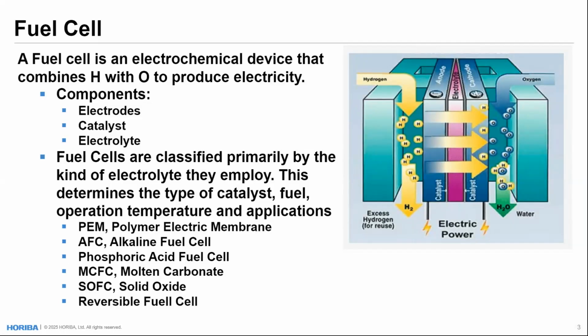A fuel cell is literally a small power plant which uses hydrogen as clean fuel to produce electricity. The byproduct here is water. The structure of a fuel cell is complicated, but here we simply focus on three components: electrodes, which are responsible for transferring electrons; catalyst, which is responsible for generating hydrogen ions or the oxidation reaction; and electrolyte, which is responsible for transferring ions in the cell.